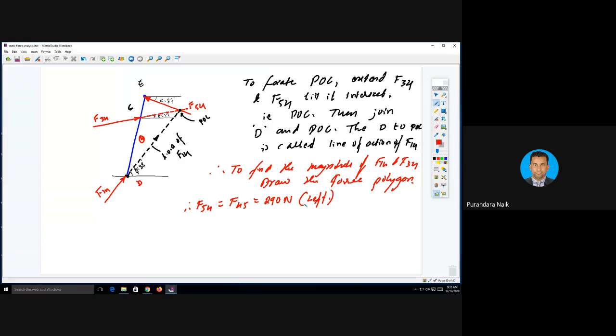Copied? The free hand sketch is already drawn. You just draw it with the actual scale.